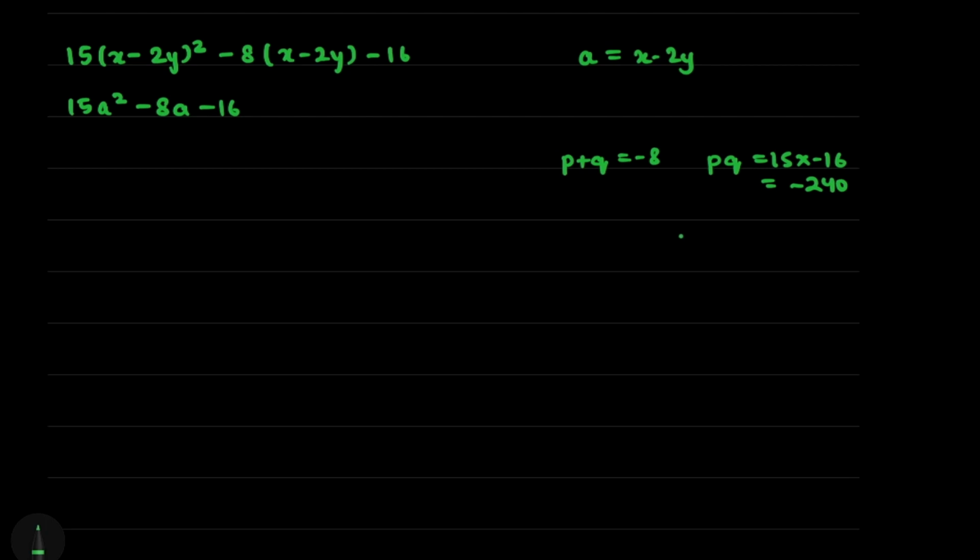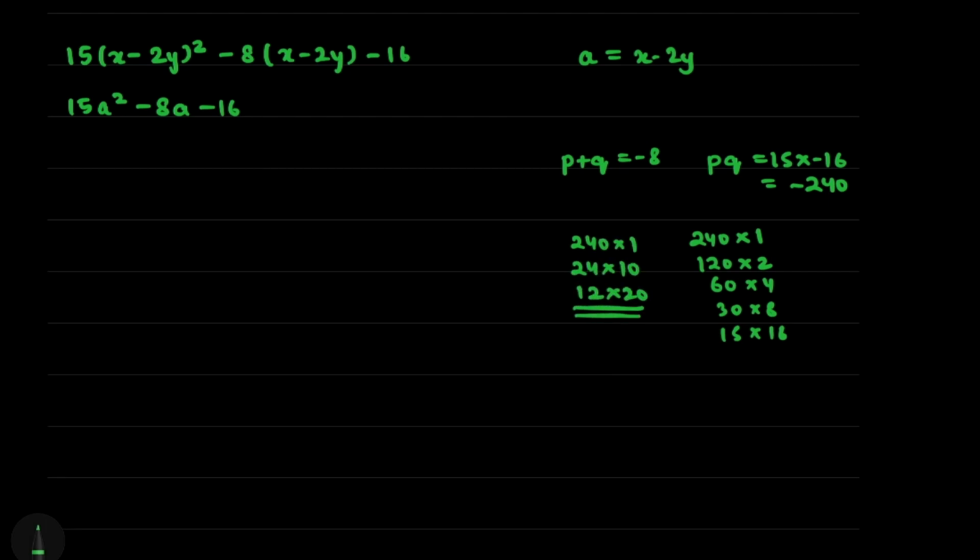Following the simple trick that I did already, we have 240 into 1. We can try 120, 30 into 8, 15 into 16. And these don't seem to work, right? There's another way. We have 240, and we have 24 into 10, 12 into 20. And there we go, we got 12 into 20. So if we have minus 20 plus 12, we'll get the value minus 8.